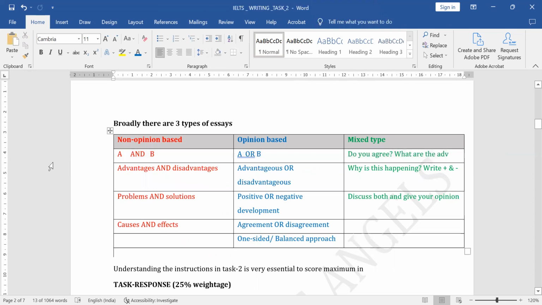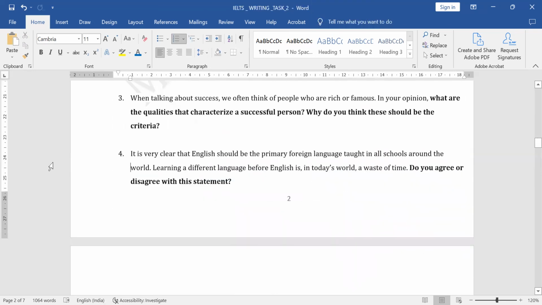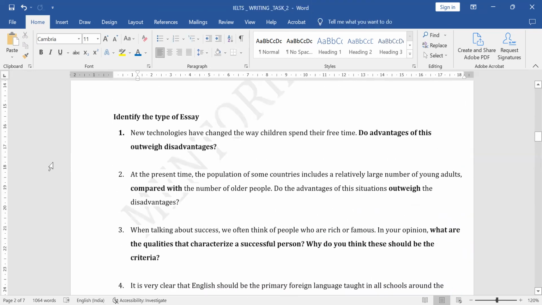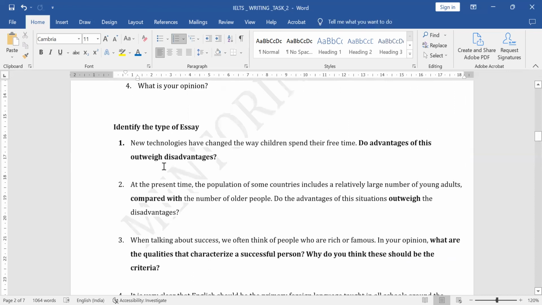Now, help me identify. Let's quickly do this. I'm going to pause the recording after I do two, and then we continue doing it. Okay. New technologies have changed the way students spend their free time. Do advantages of this outweigh disadvantages? What is the answer for this?